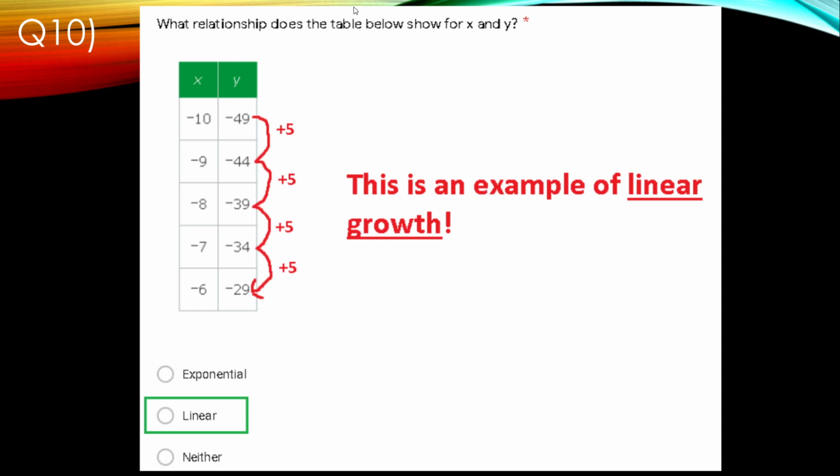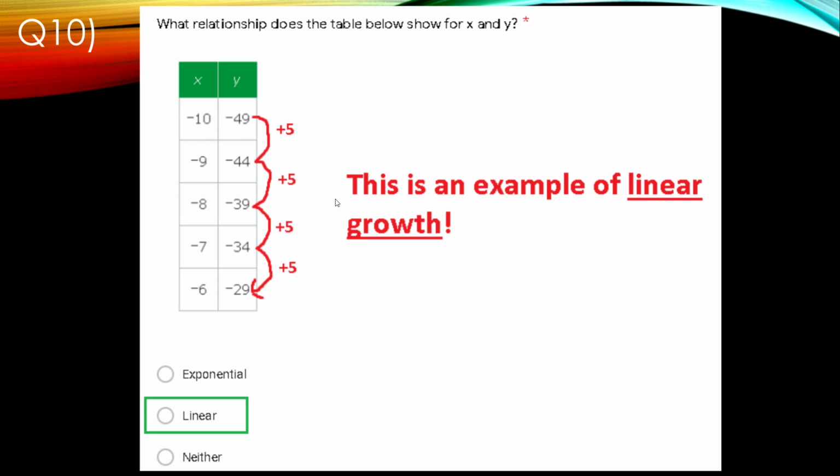And then finally, this is just review from the IXL this week. What relationship does the table below show for x and y? Well, if you go ahead and you look at how x and y compare to each other, you see that as x is getting bigger, y is increasing by 5 each time. Okay.